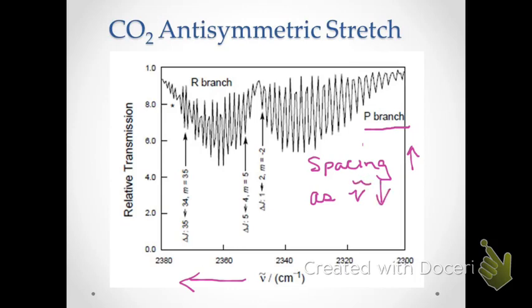For the R branch, we'll notice the same kind of trend: as we go to higher wave numbers, the spacing is decreasing. So what's that all about?